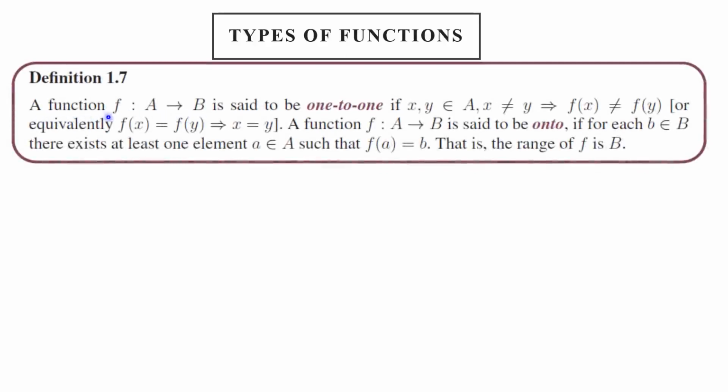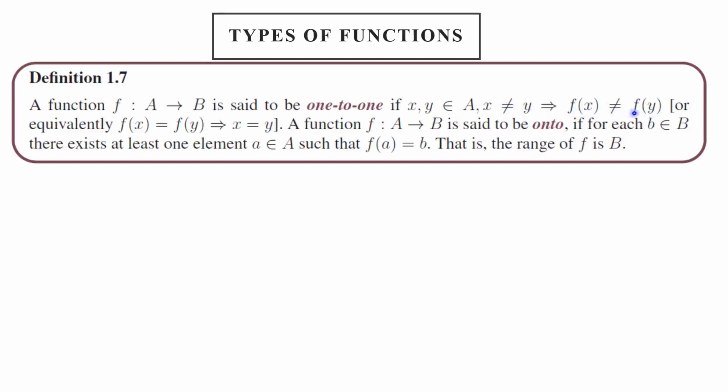A function f from A to B is said to be 1 to 1 if x comma y belongs to A. Here f is the name of the function, A is the domain, and B is the codomain. Now we take 2 elements from the domain, x comma y belongs to A and x not equal to y. x and y are different values. If so, which implies f of x is not equal to f of y.